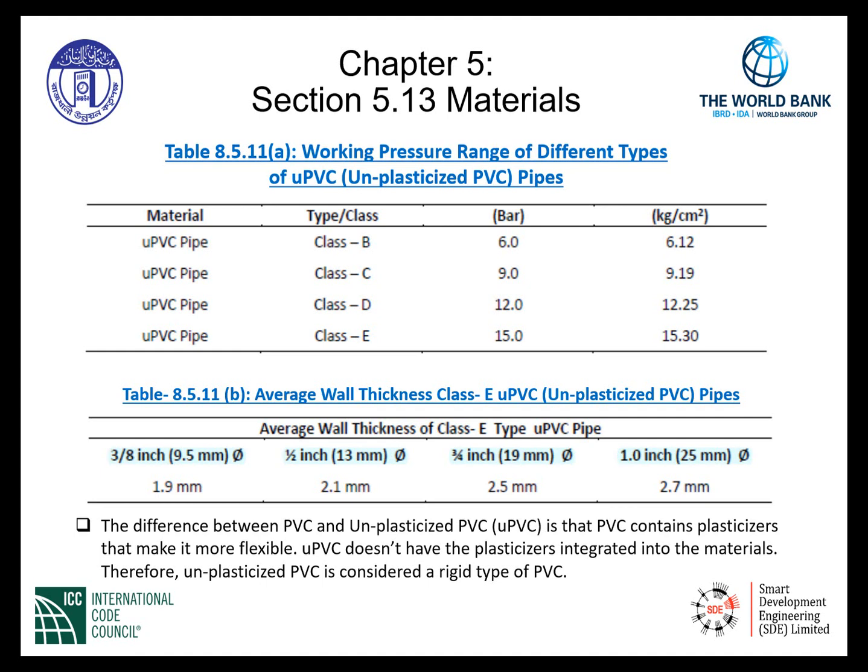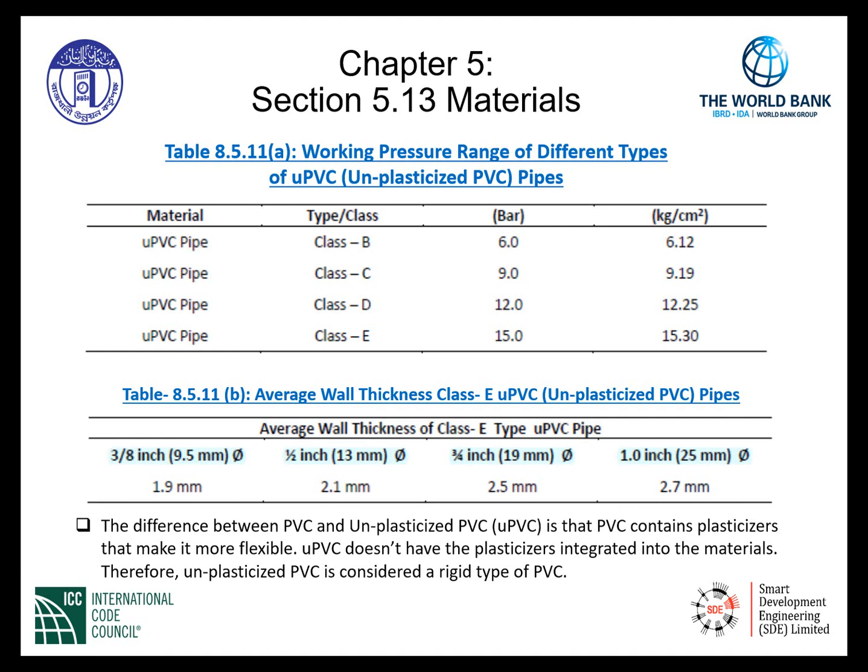As can be seen here, the average wall thickness of Class E unplasticized pipes are as follows: 3/8 of an inch or 9.5 millimeters in diameter gives us an average wall thickness of 1.9 millimeters. 13 millimeter diameter gives us a wall thickness of 2.1 millimeters. 19 millimeter diameter gives us a wall thickness of 2.5 millimeters.